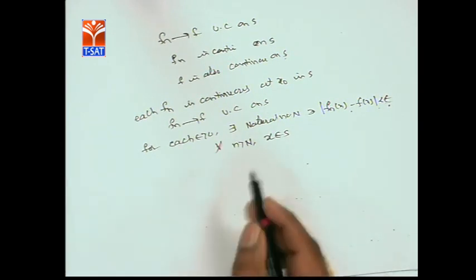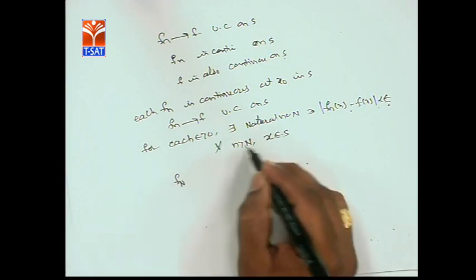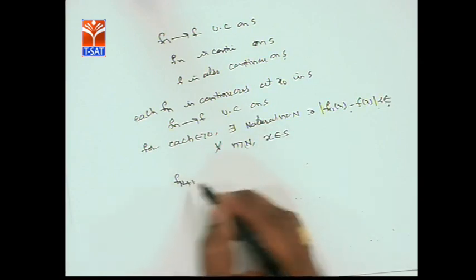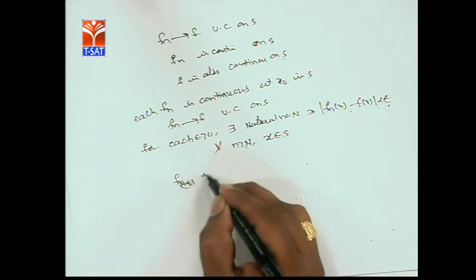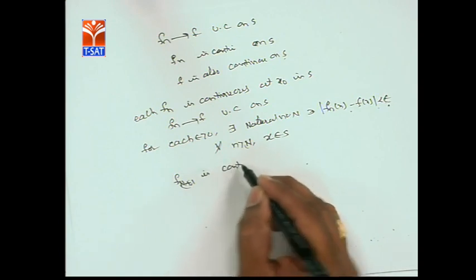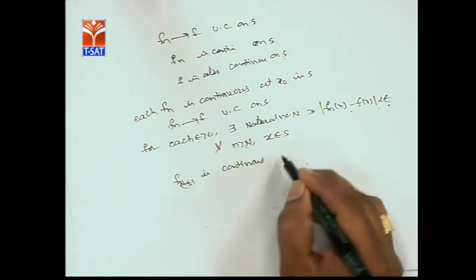Now here n greater than N means, suppose N is a natural number, then N plus 1 is also a natural number, and fn plus 1 is in particular continuous from the given. fn plus 1 is a continuous function at x naught.